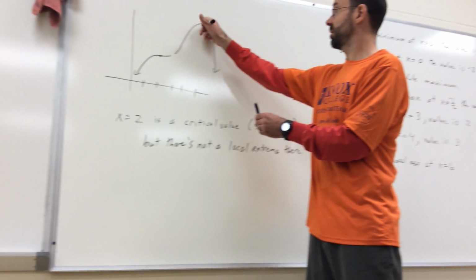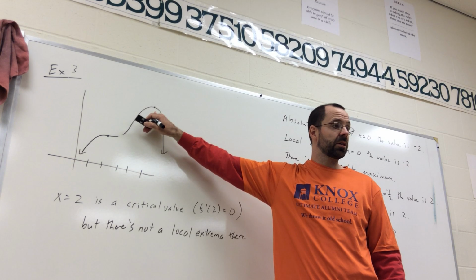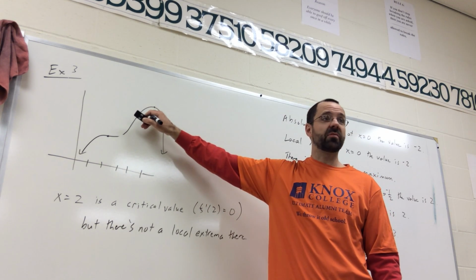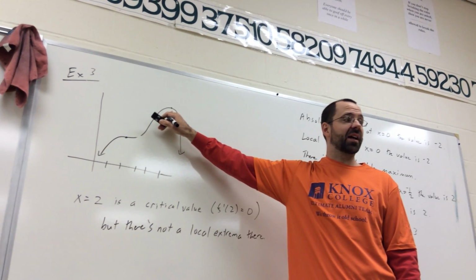Is this a critical value? Yeah, because the slope is 0 there, right? Is there an extreme value there? Yeah, it's a local max, and it's actually an absolute max as well.